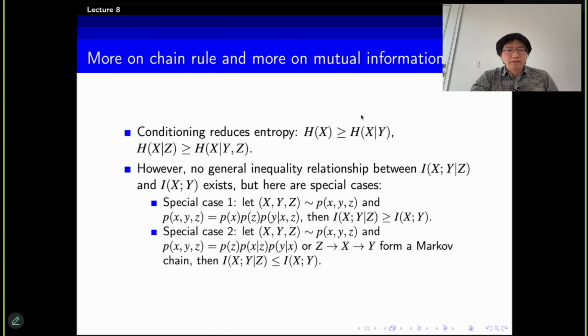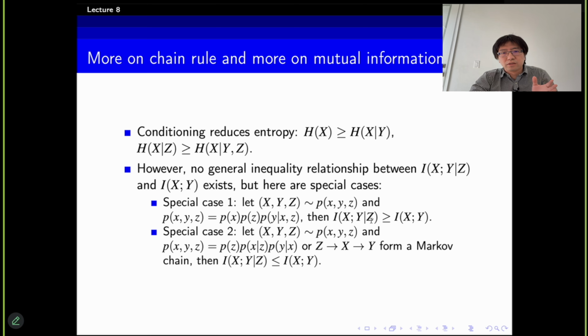So here, we know that conditioning will reduce entropy, right? But it is not clear whether conditioning will reduce mutual information or not. And we gave you 2 examples. In special case 1, we showed that conditioning can increase mutual information.